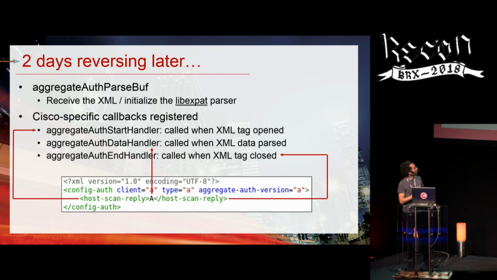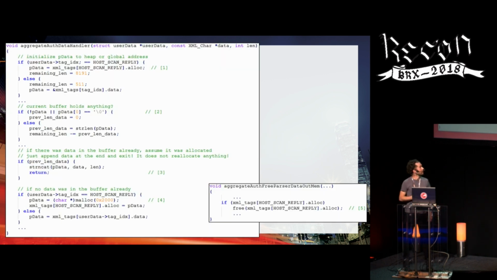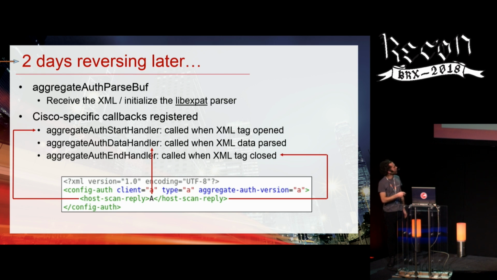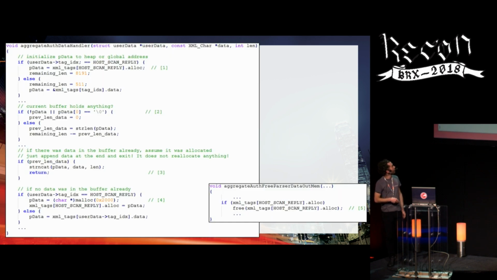So here I had an understanding of what was underneath. Basically, this is the function that actually parsed the data of the XML. The interesting thing is the XML tags is the huge table of tags that we saw at the very beginning where all the tags are defined.